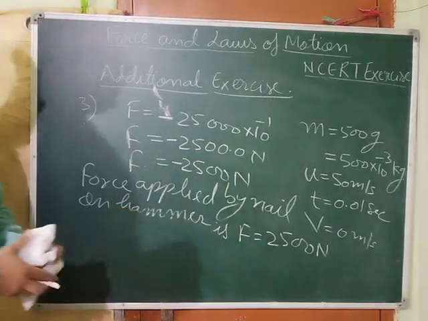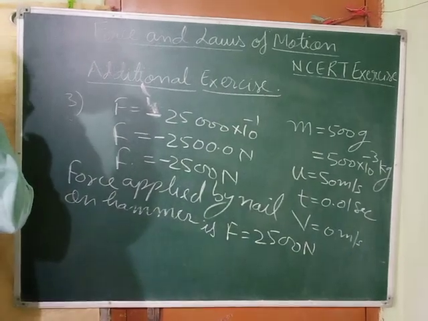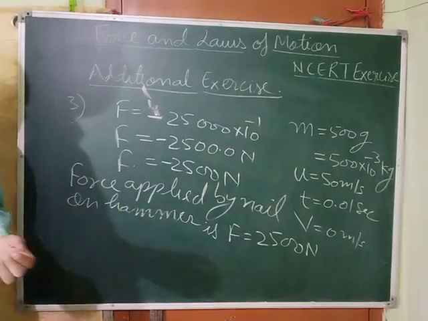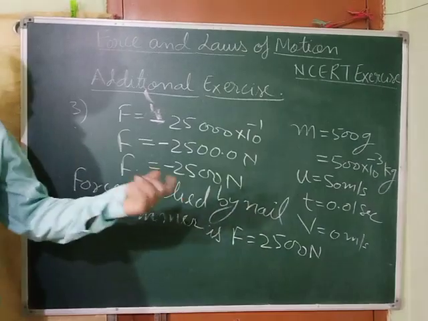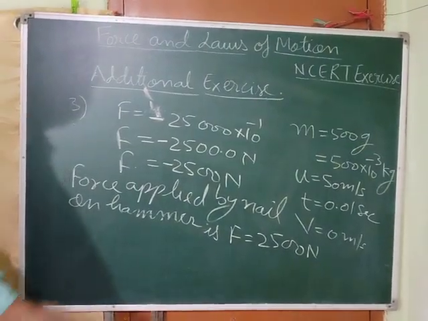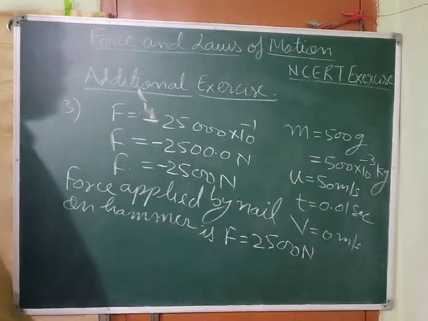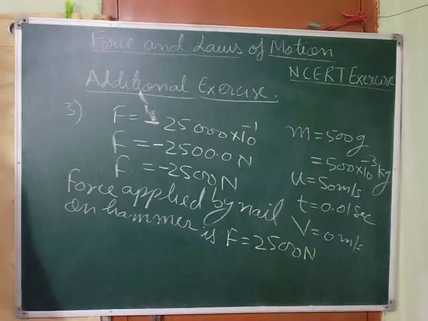Why minus sign is not there? Because its direction is opposite. When direction is opposite, then you have to put minus sign, and minus was already there. So minus minus plus. So the force applied by nail on hammer is 2500 Newton. Clear? Note it down.